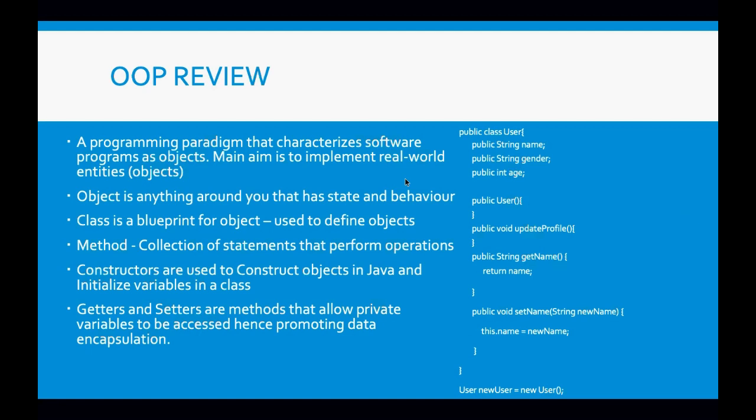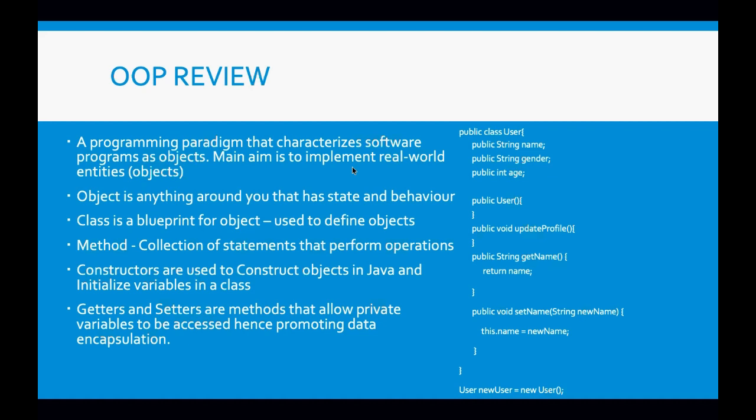And we also took a look into what classes are. Classes are blueprints for objects. So what you want your object to perform, what you want your object to possess, you write that in your classes like a format for creating objects. We also looked into methods, which are a collection of statements that perform operations. So anything you want to do, like if you want to walk, you can put that in a method and perform some operations on that, do some coding on that in your method.